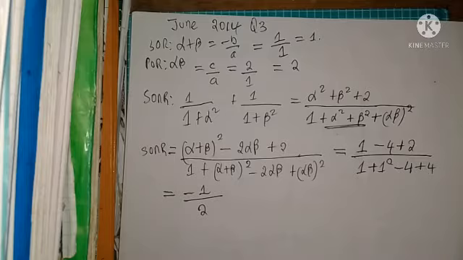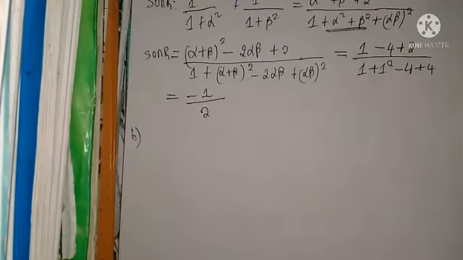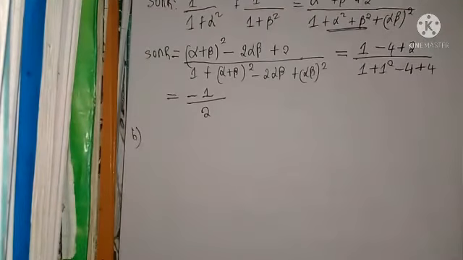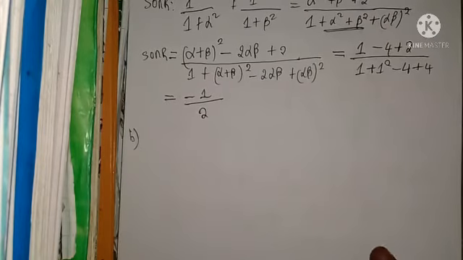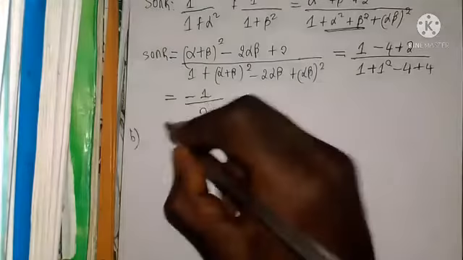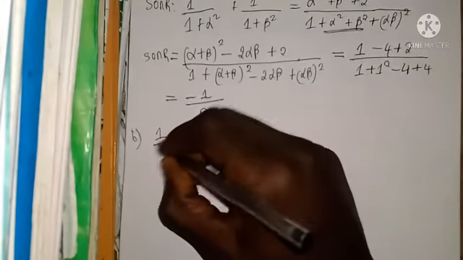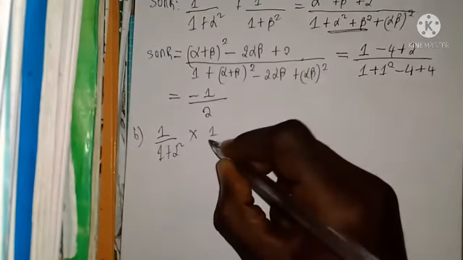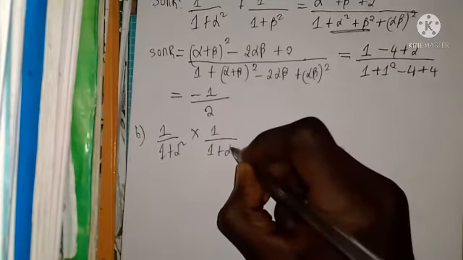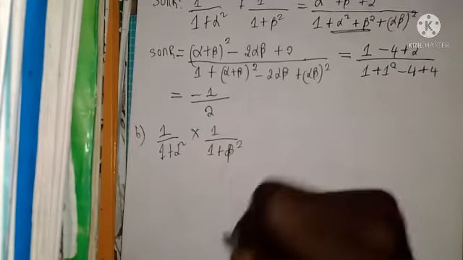Now for part B of this question, we're looking for the product of the new roots. And again, I forgot something: there's another part of this question which says that you have to form a new quadratic equation. So here we have 1 on 1 plus alpha squared times 1 on 1 plus beta squared, sorry, not alpha.